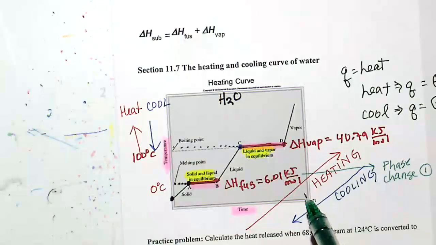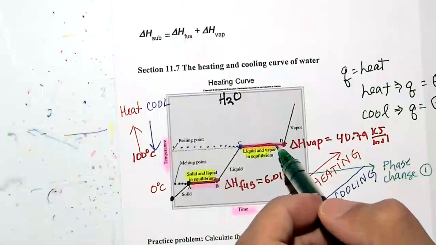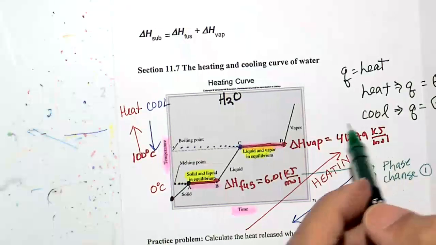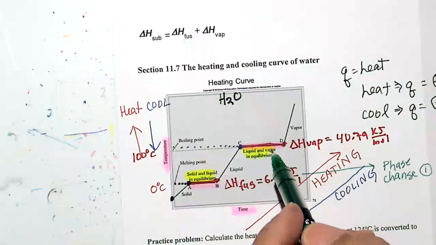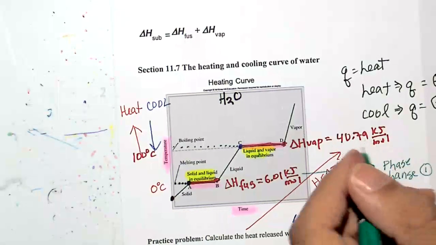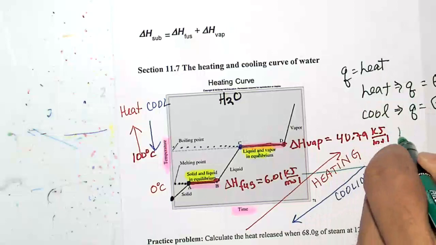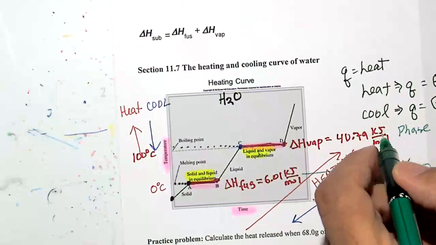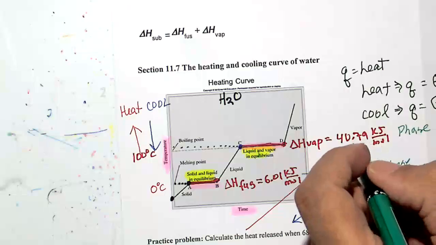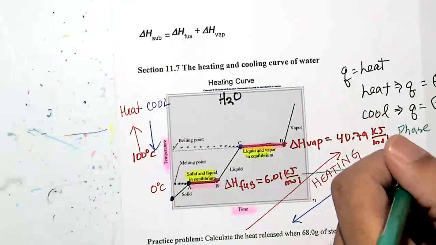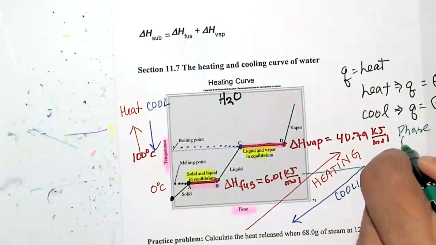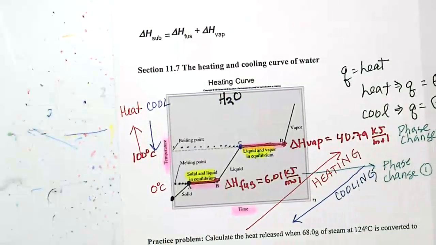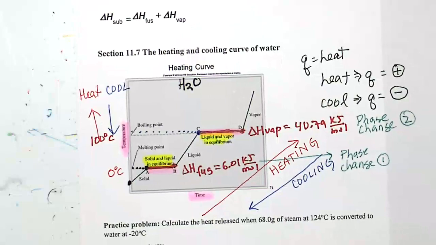We heat some more until we get to 100 degrees, which is the boiling point of water. Then we heat a lot more until we overcome phase change 2, which is delta H of vaporization. For 1 mole, that's about 40.7 kilojoules per mole.